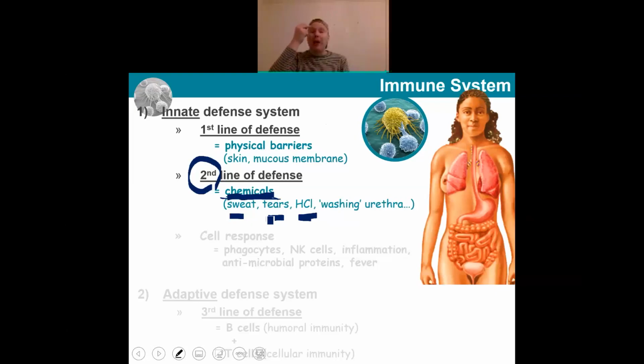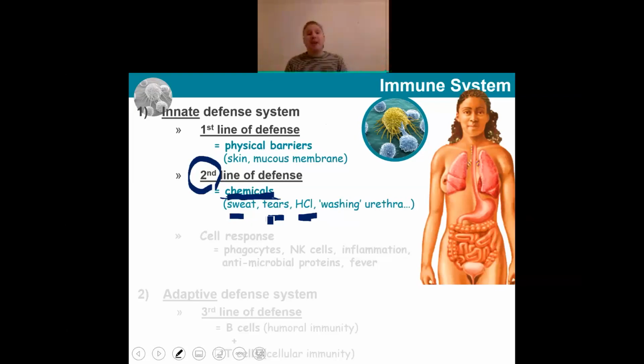Your tears actually kill a lot of pathogens. That's why we constantly have a small amount of tears in our eyes, that liquid. And if you have something flying into your eye, you start tearing up. That's because your body starts producing more tears that contain these chemicals that can kill the pathogens trying to get into your body through your eyes.